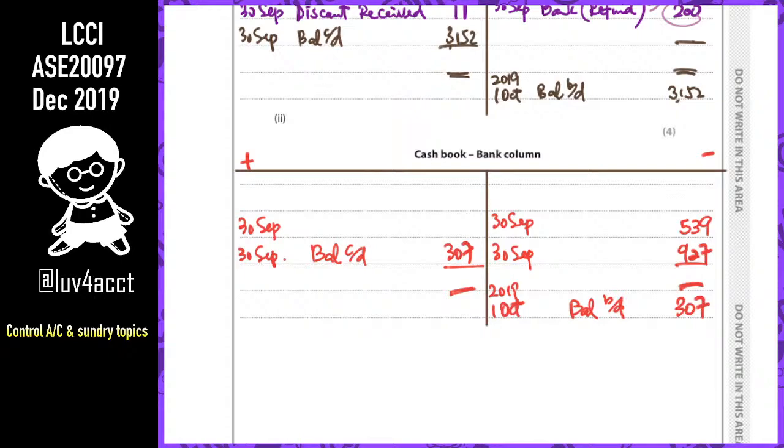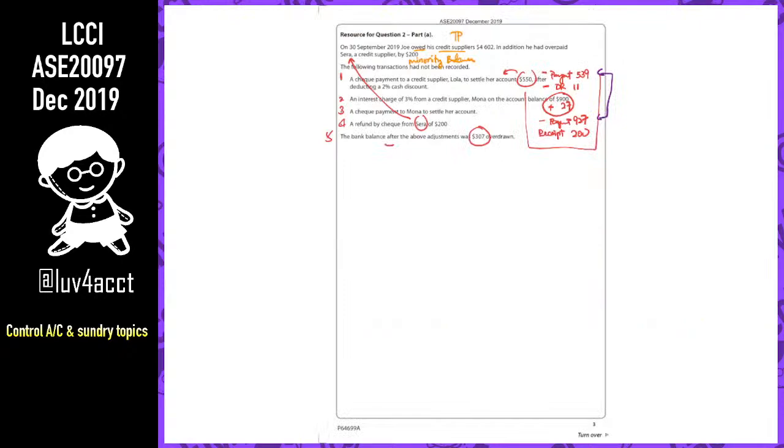So if that is the case, when you make the payment, what you should do is you record it in the trade payables ledger control account. Do it like this. Trade payables ledger control, and write in full terms. And then mark here so that you know who we are dealing with. This receipt is Sarah, this payment is Mona. Who else? We also have Lola.